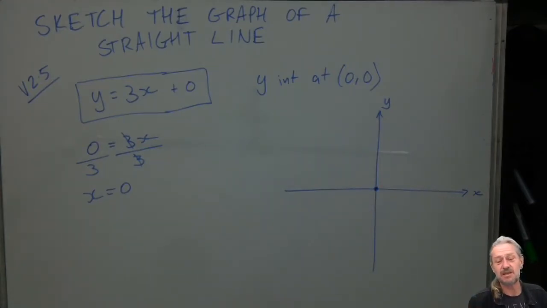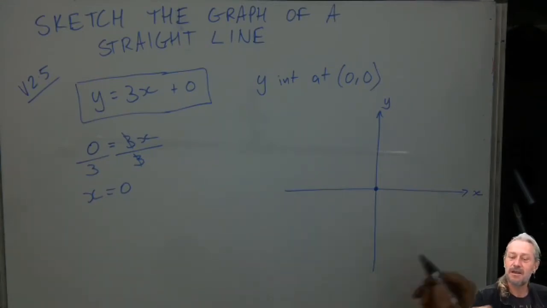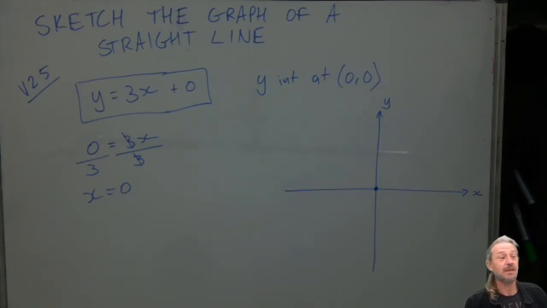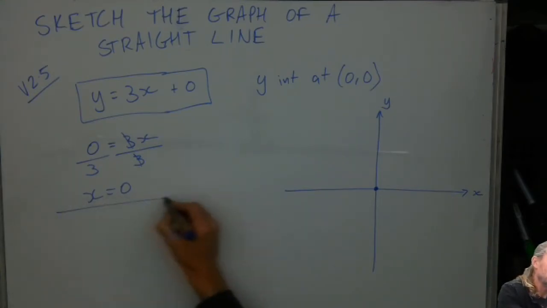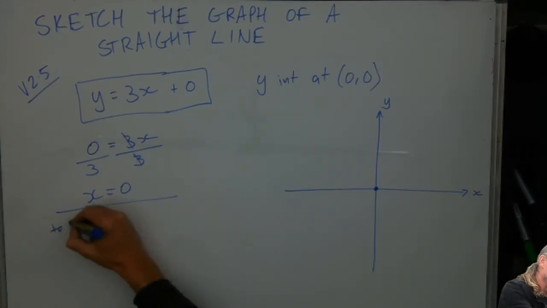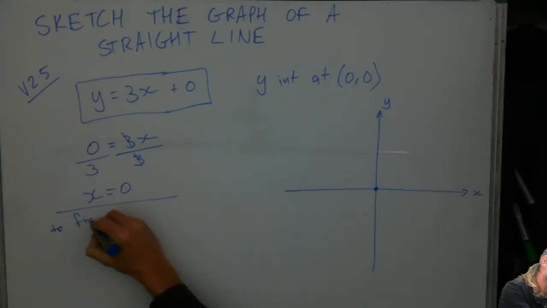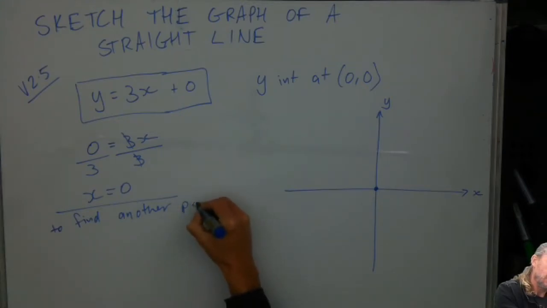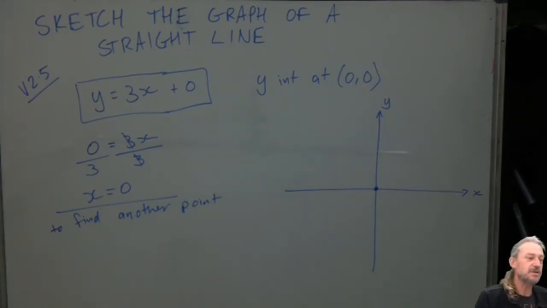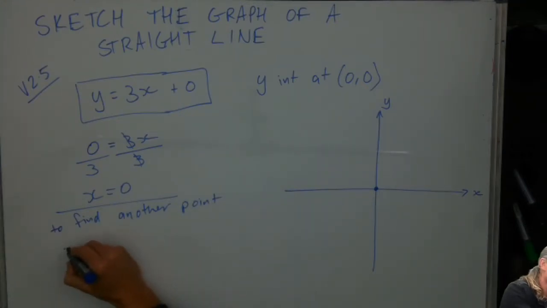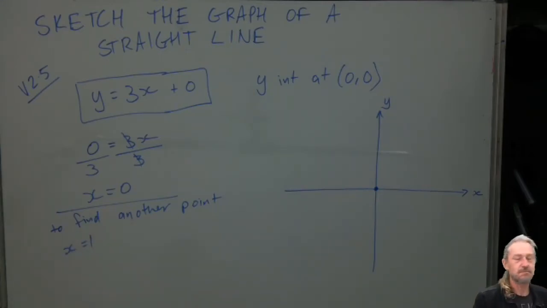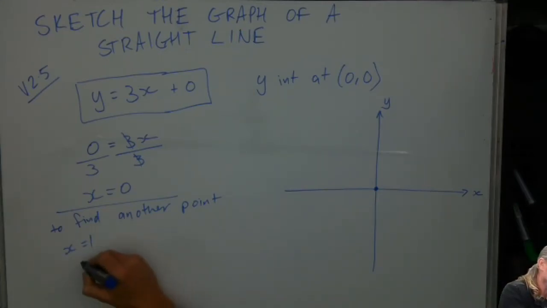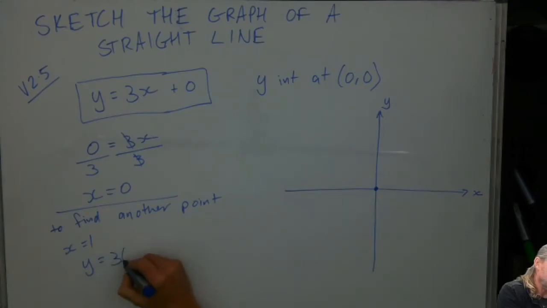So in this case, in order to draw the line, we need to substitute another value for x in. And the easiest one, so to find another point, let's substitute x equals 1. So y equals 3 lots of 1, which equals 3.